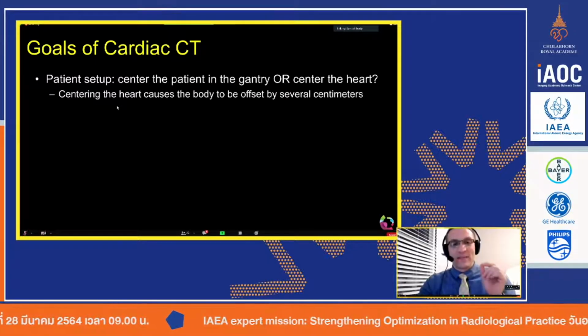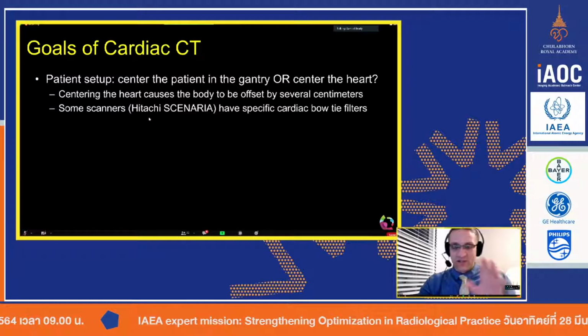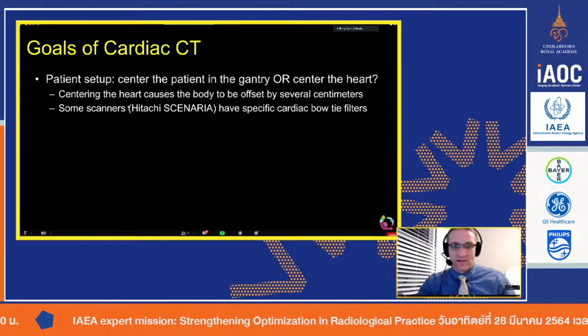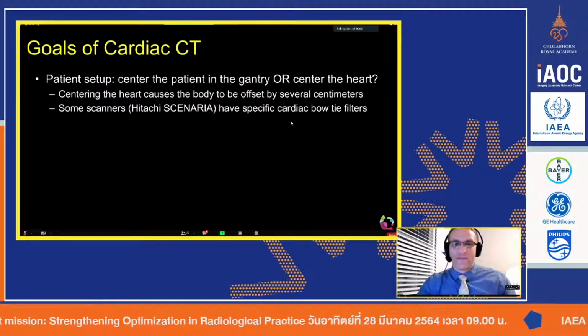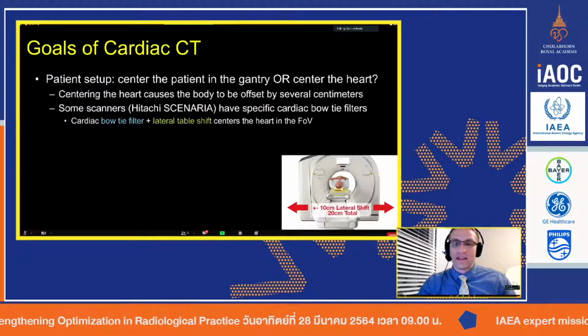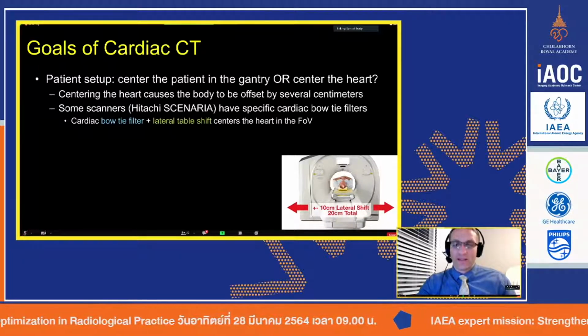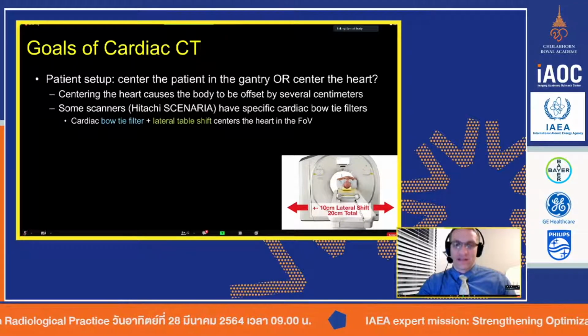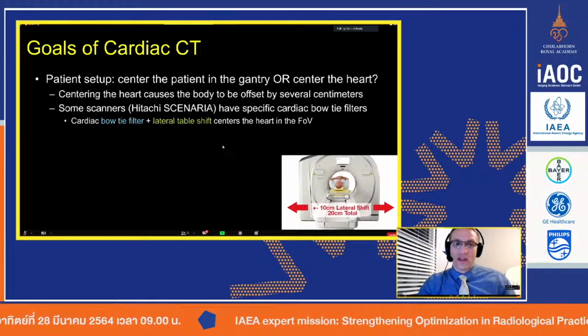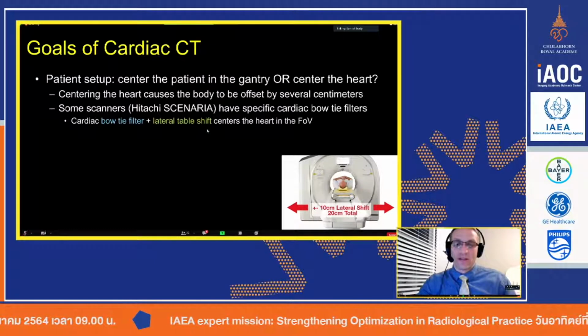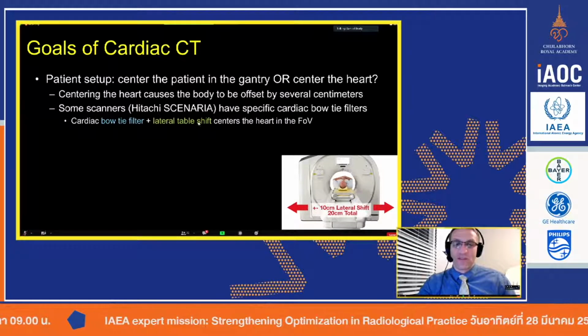In this example with the Hitachi scanner, it actually has that filter. And so the whole idea is placing the heart at the center of the field of view. You can use the cardiac bow tie filter plus their ability to do lateral table shift.